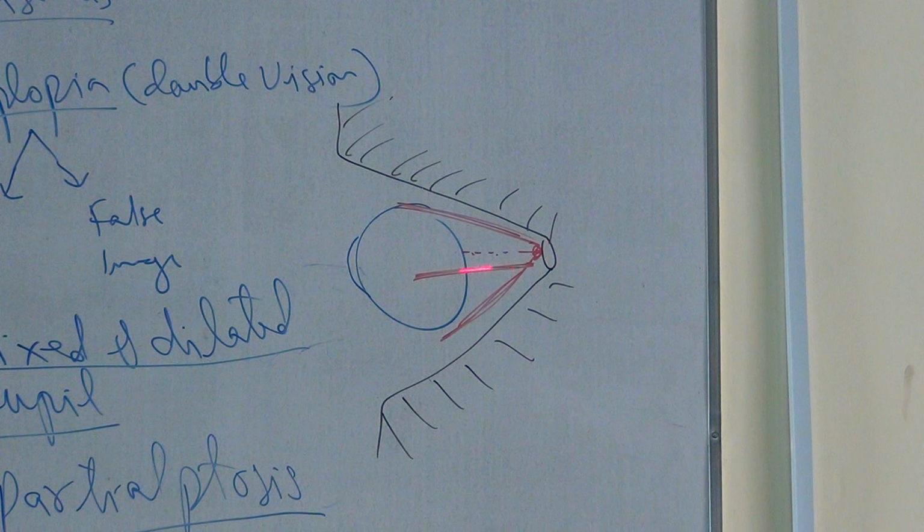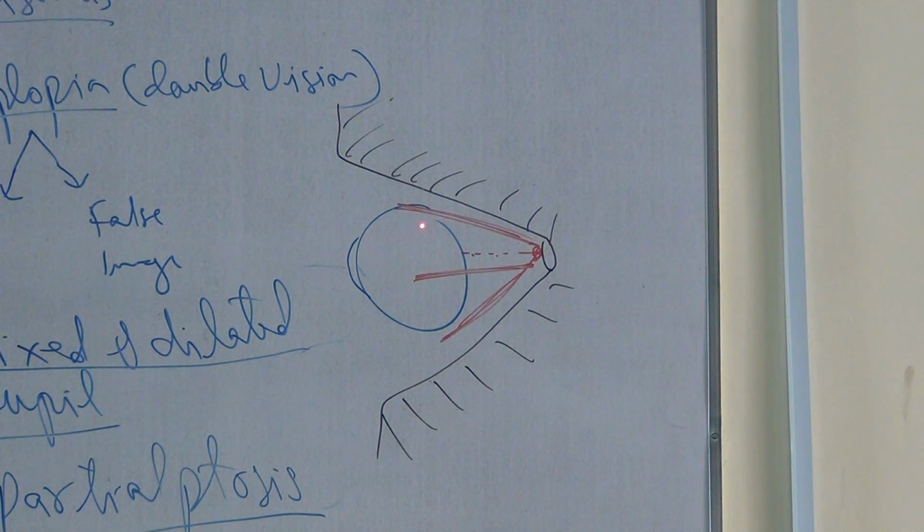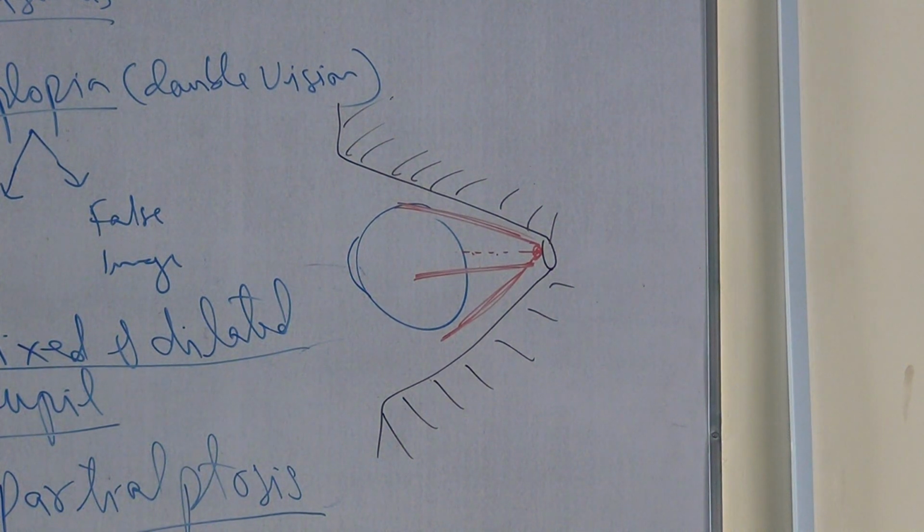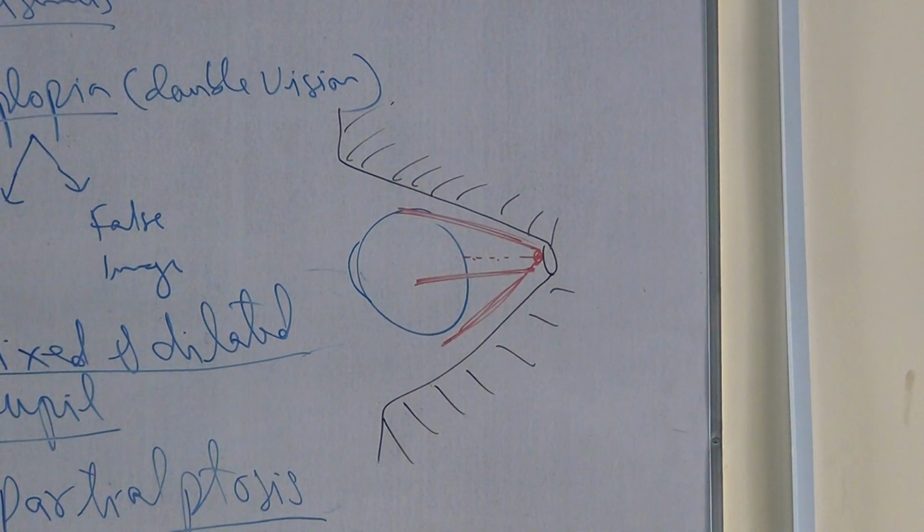There will be loss of tone, and because these muscles are relaxed, they will cause the bulging forward of the eyeball. Normally, because of the contraction of these muscles and muscle tone, they try to pull the eyeball backwards and keep the eyeball in position. But because of paralysis, when these muscles are relaxed, the eyeball slightly bulges forward.